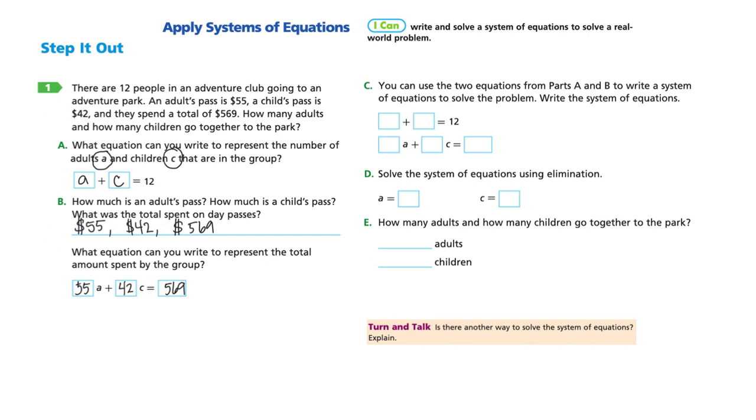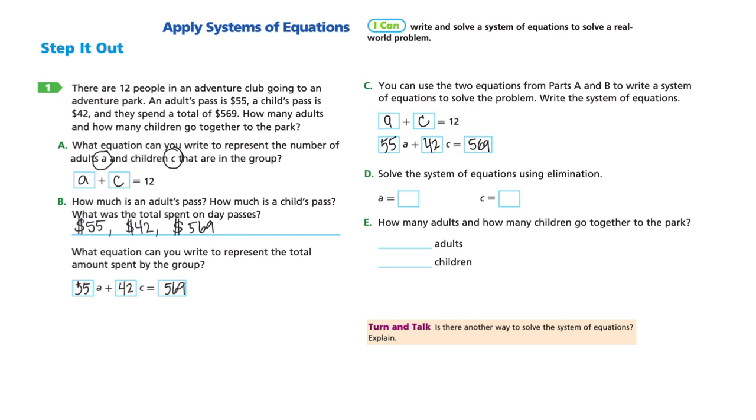So that's just helping you see how that all fits together. So C, you can use the two equations from part A and B to write a system of equations to solve the problem. So now you're using what you learned in previous lessons. You have two different equations that you've written, A plus C equals 12, and 55A plus 42C equals 569.